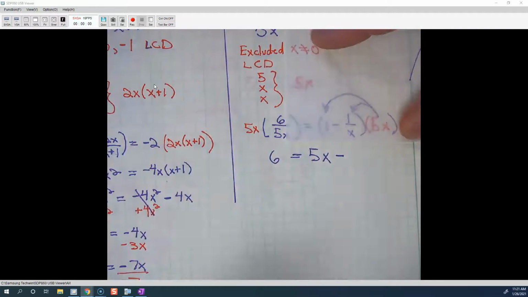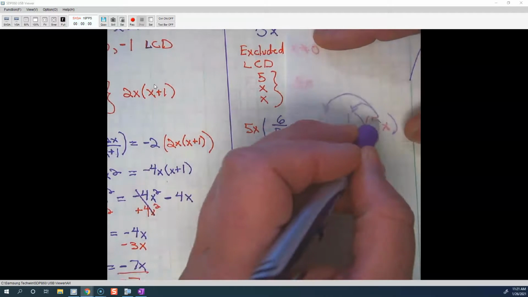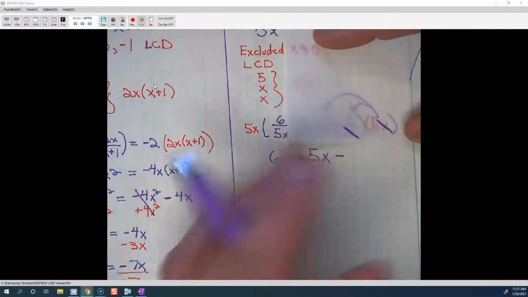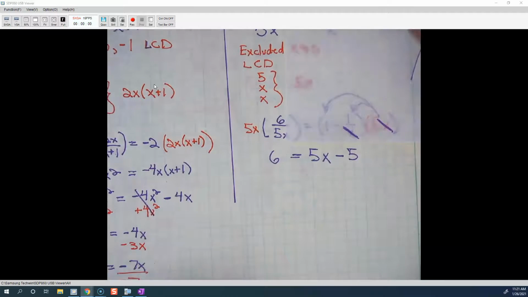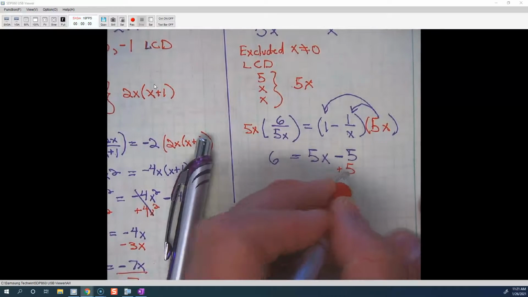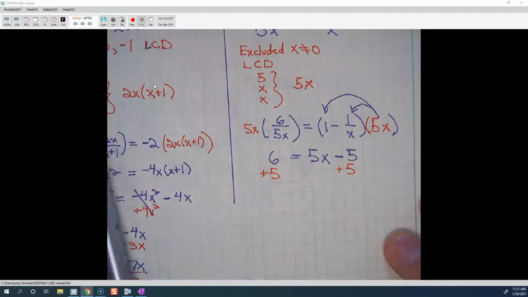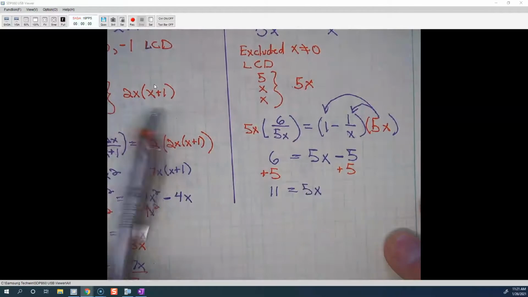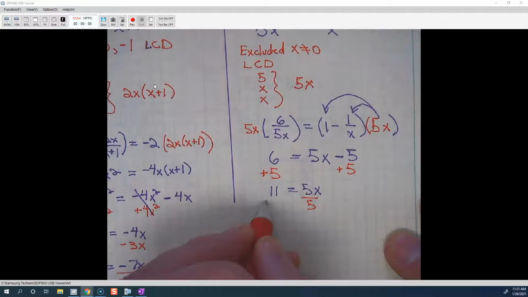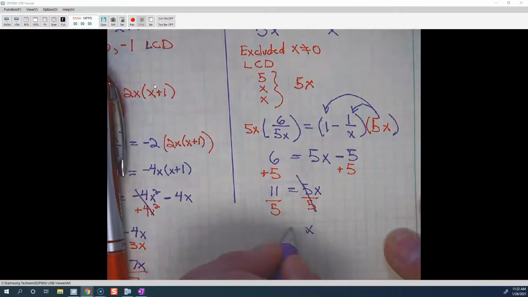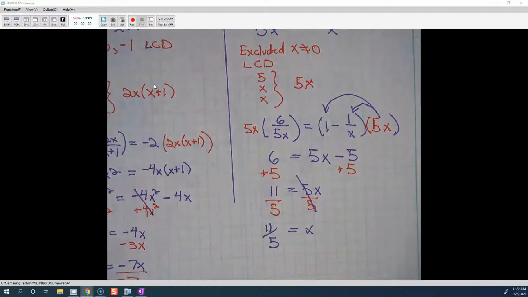Now when I do this one, the x's cancel, and I end up with 1 times 5, which is just 5. And I get x is 11 fifths.